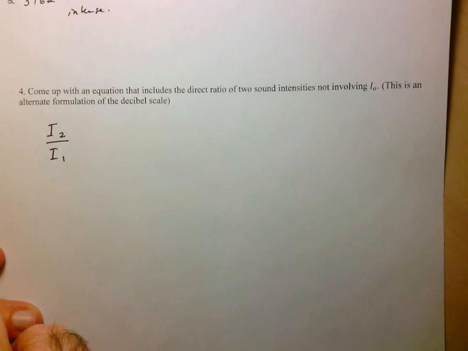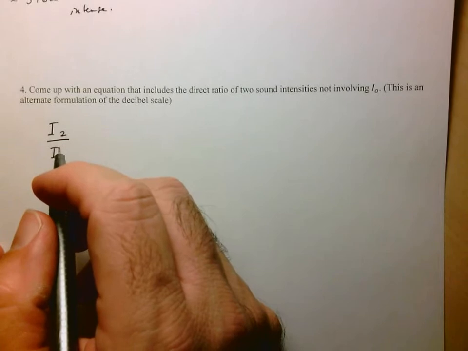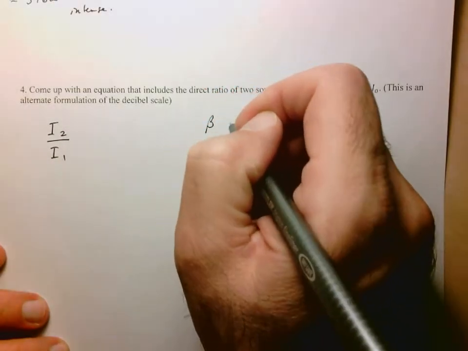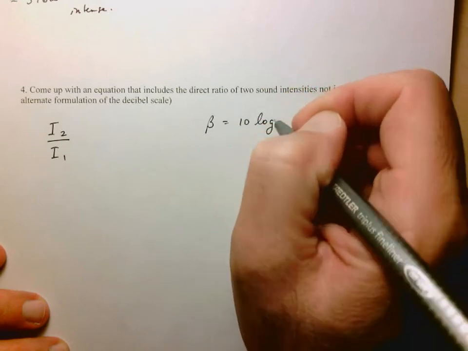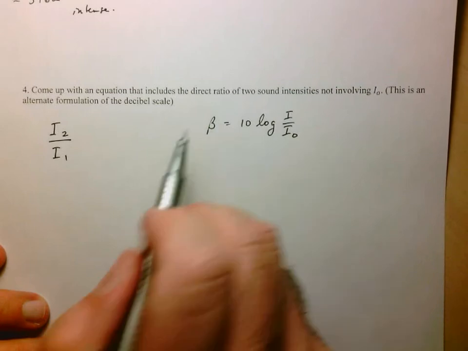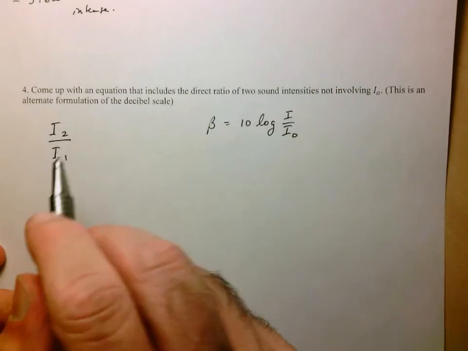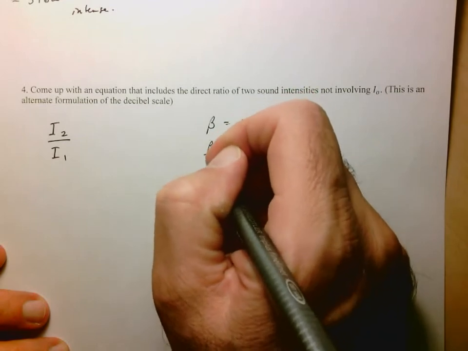Okay, so in general, let's do what we did before, but just in general. If you've got some decibel level, beta, which is equal to 10 times log of I over I0, instead of putting a specific number here, I'll just do it in general. Again, we have to divide the 10 to the other side.